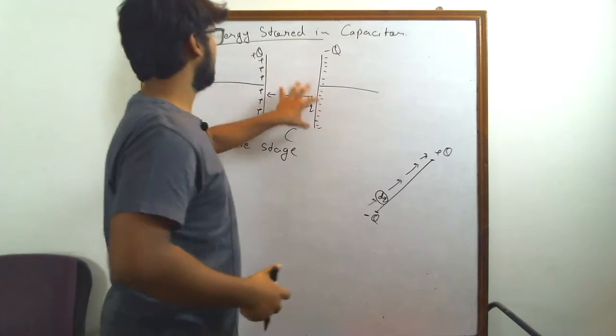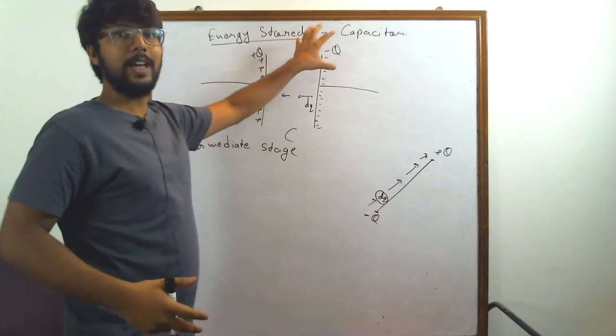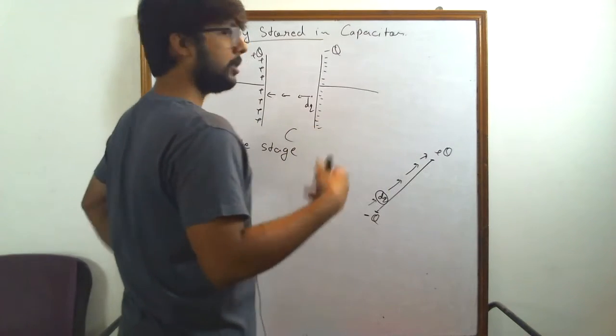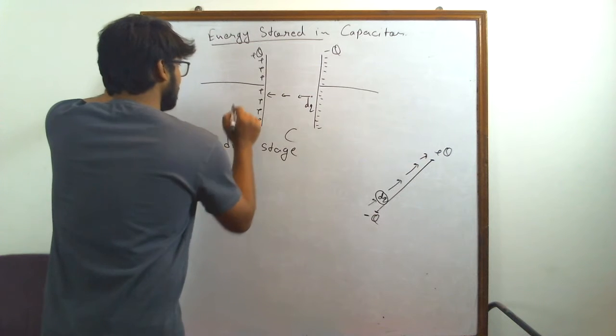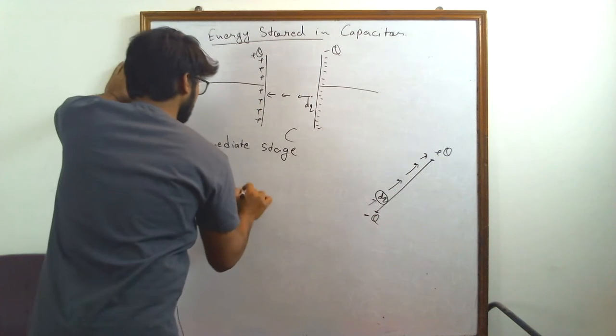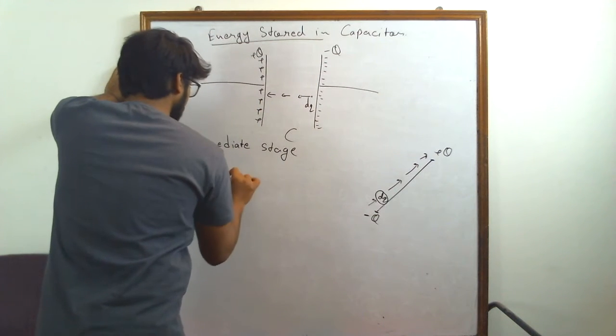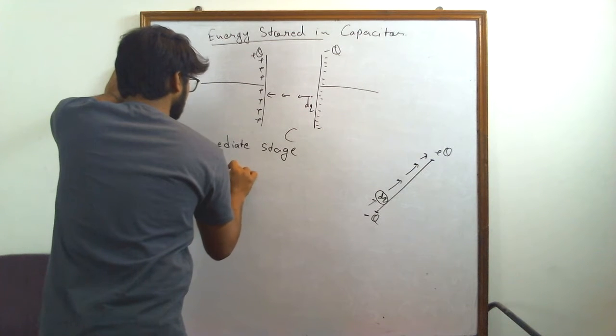Intermediate stage means this side is not fully charged and we are trying to charge it slowly. So how are we charging it? Let's say that at the intermediate stage the charge is Q dash.